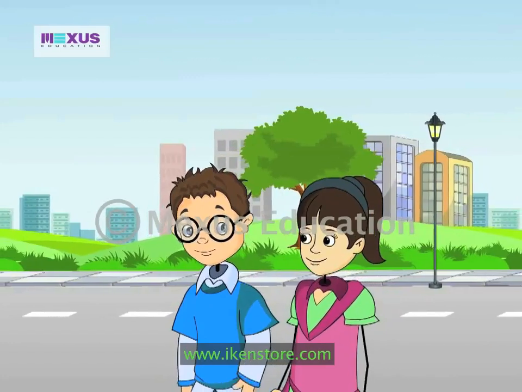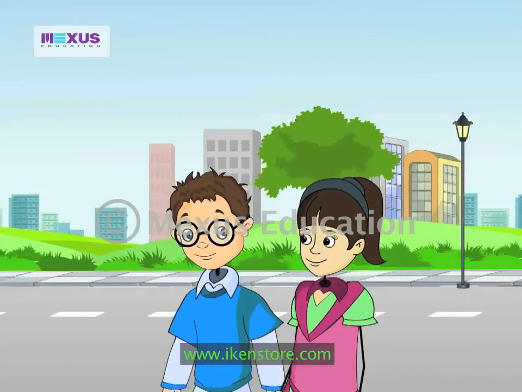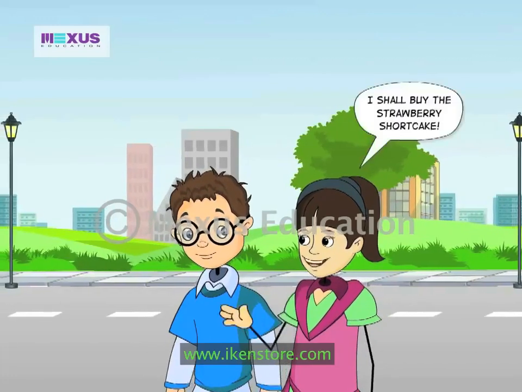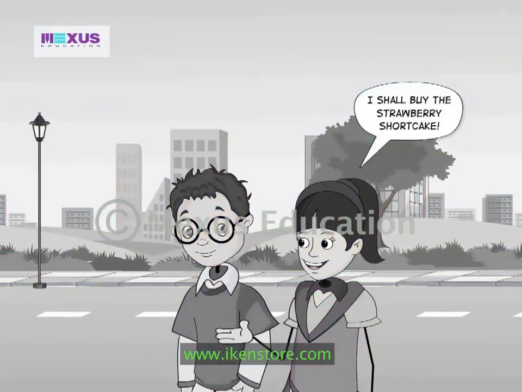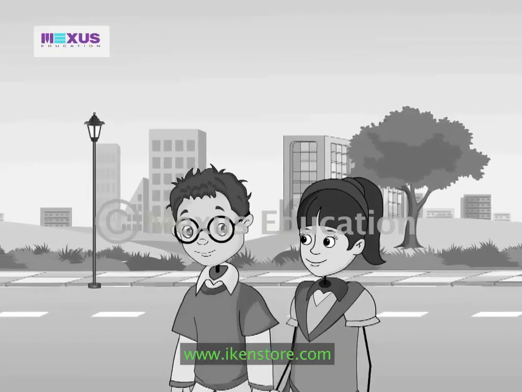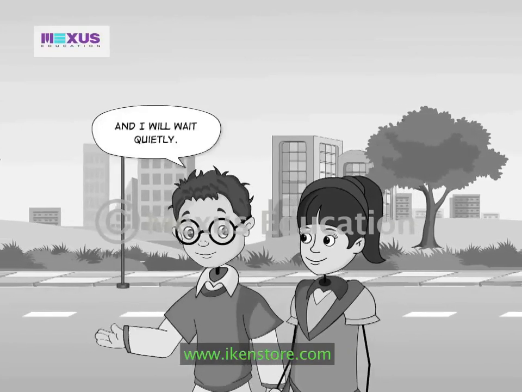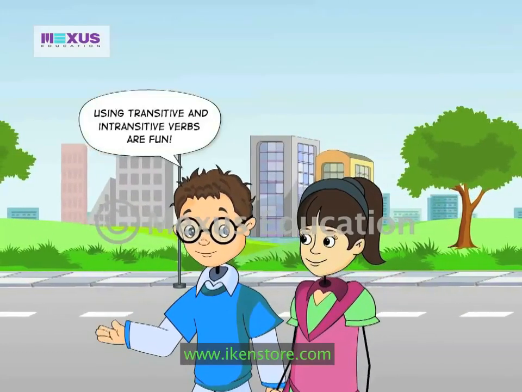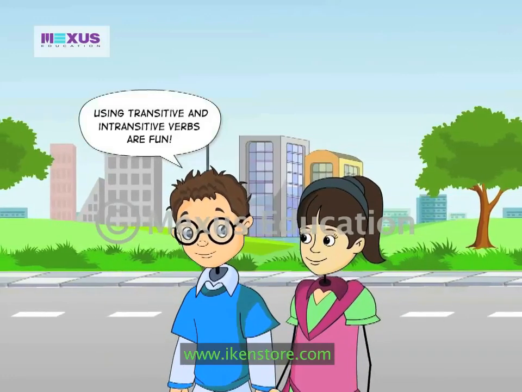Keya and Amir have planned to visit the bakery in their neighborhood. Keya has already decided that she will buy the strawberry shortcake. When Amir hears her say this, he replies that he will wait quietly. Amir is enjoying the use of transitive and intransitive verbs.